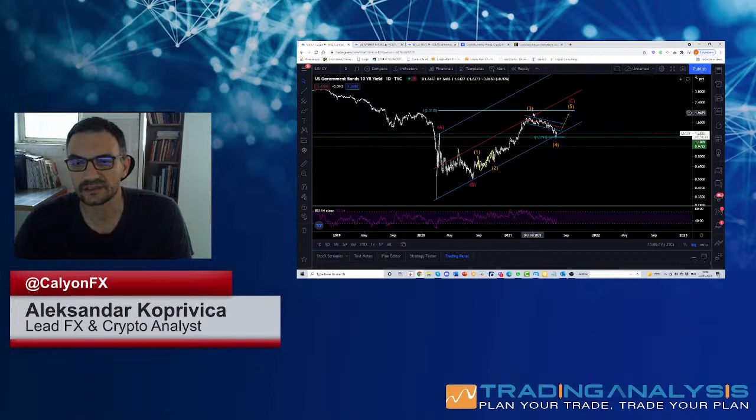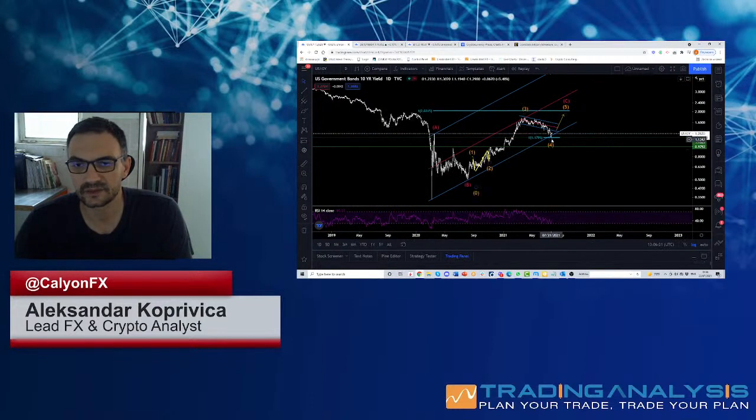Here we can see the 10-year yield moving lower in the last couple of weeks, but we have reached one of the support levels. For now, I stopped being so bullish above 2%. So looking at the probable outcome in the next couple of months, I will start to be conservative on this development and basically count this as a potential ABC on the upside.